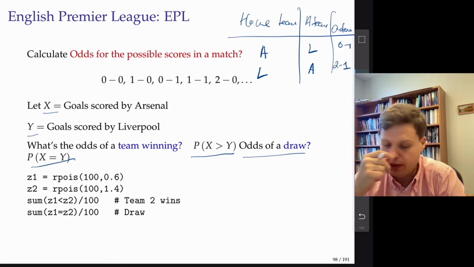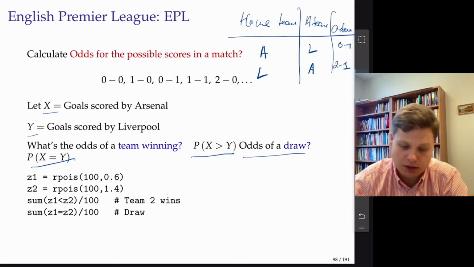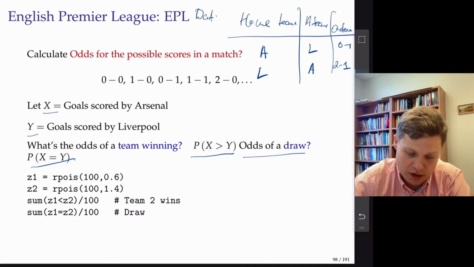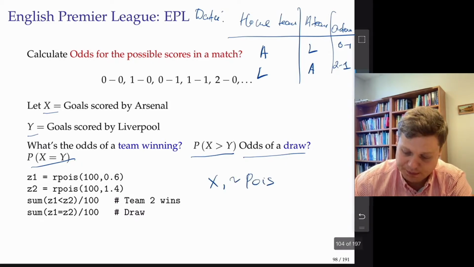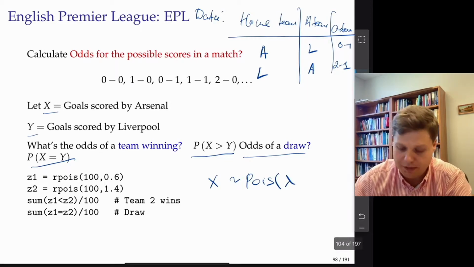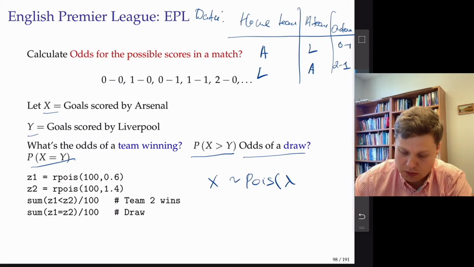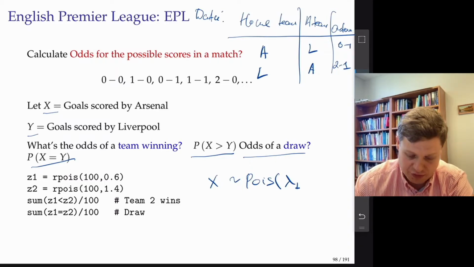So what we're gonna do, we're gonna take this historical data, so that's the data set that we have, and we're gonna assume that X follows the Poisson distribution, and Poisson distribution is parameterized by the rate parameter lambda. So lambda for the Arsenal.